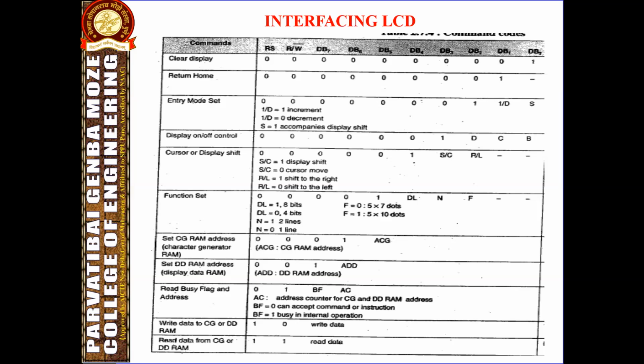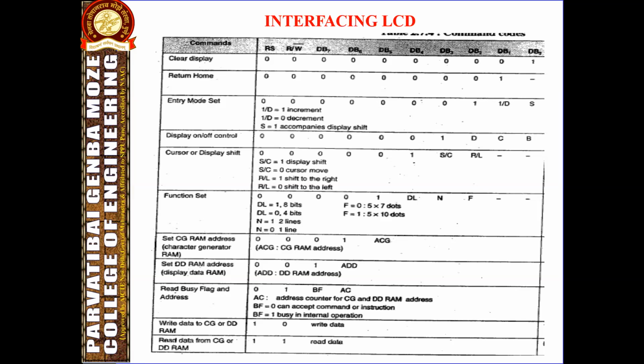Similarly, there is another subroutine called the ready subroutine. Make the busy pin, that is D7, high by programming the corresponding port in the 8051 as an input port. Also make RS equal to 0 and R/W bar equal to 1 to indicate read, and make E equal to 0 and then E equal to 1 to enable access, and check if the busy pin equals 0.